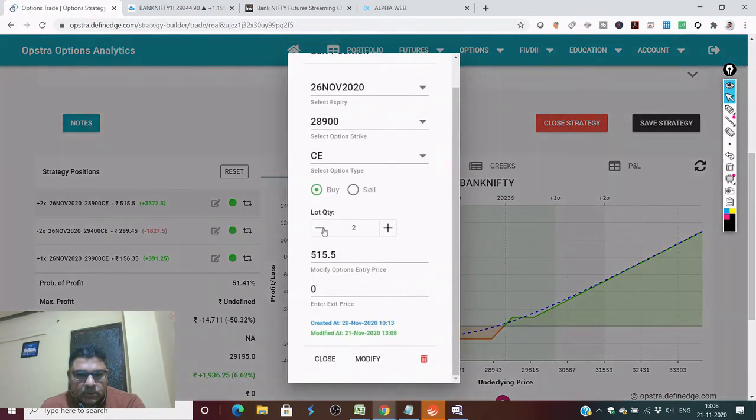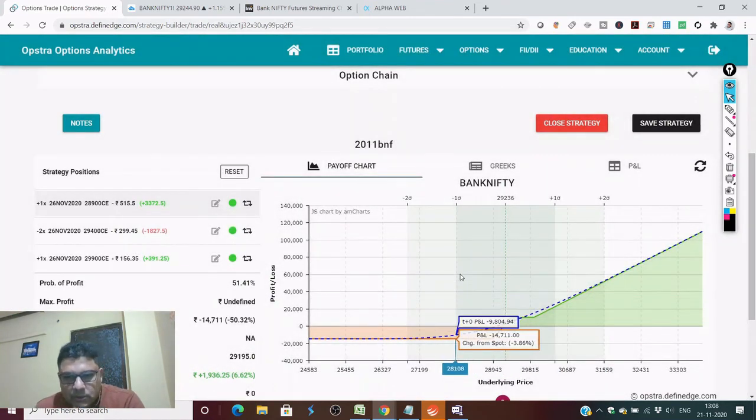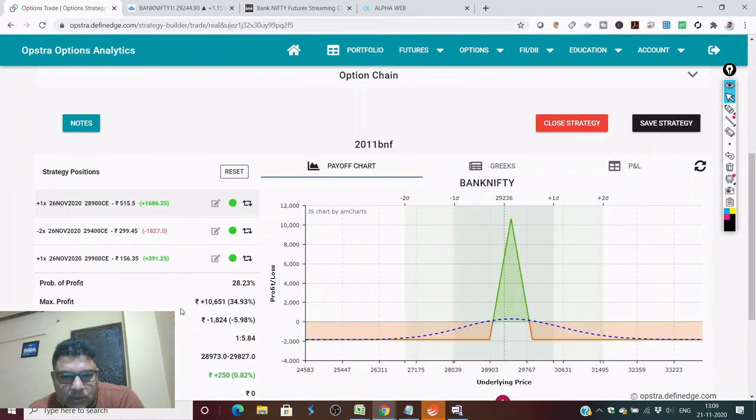So these are the adjustments on butterflies. You can try and experiment with it, but my suggestion is always stick to the same basic 1 is to 1 is to 1.5 ratio. This is the ratio you're getting, so risk reward is decently managed, so you can stay in this trade rather than doing too much adjustment.